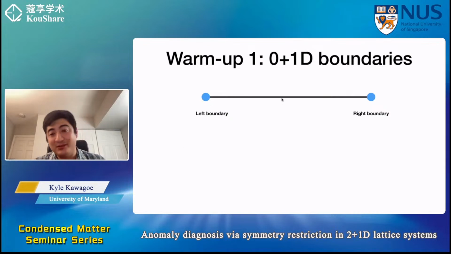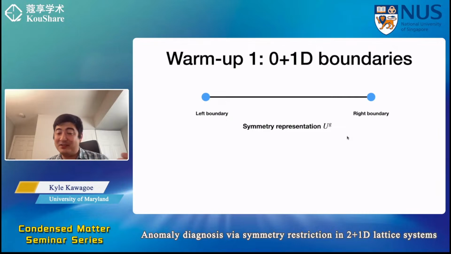So suppose you have a 1+1D SPT with some left boundary and a right boundary, and you have a symmetry group, let's call it capital G. And because you have a symmetry for the system, it means that your Hilbert space is some representation of the symmetry group.